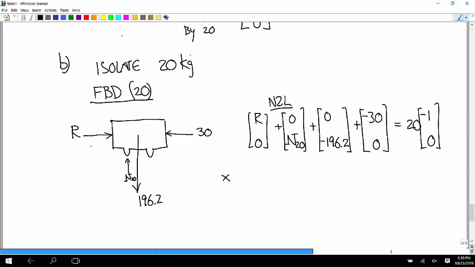So we have an X equation that says R plus 0 minus 30 is equal to negative 20. If you solve that for R, add 30 to both sides, and you get R is equal to 10 newtons.